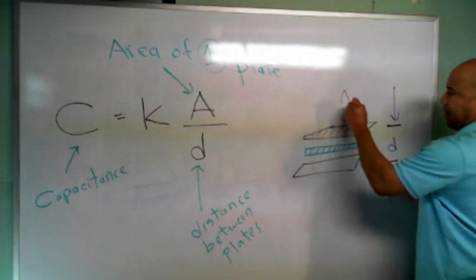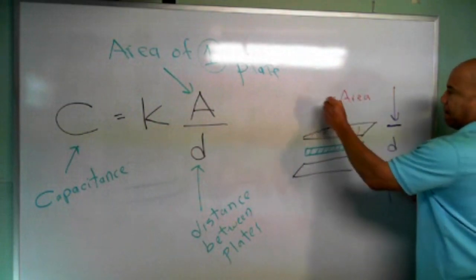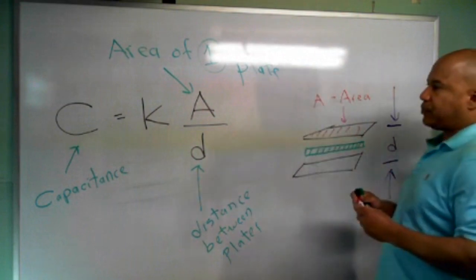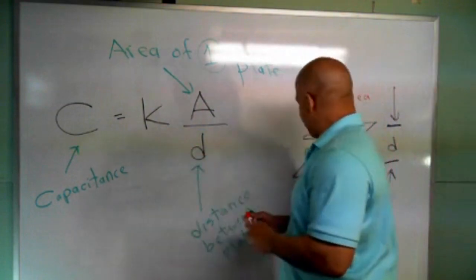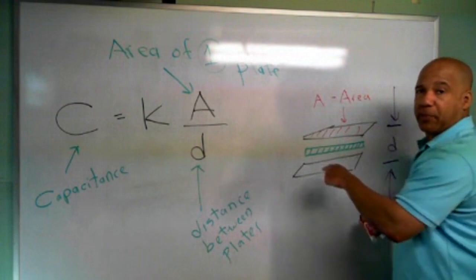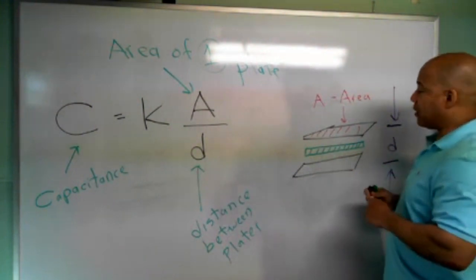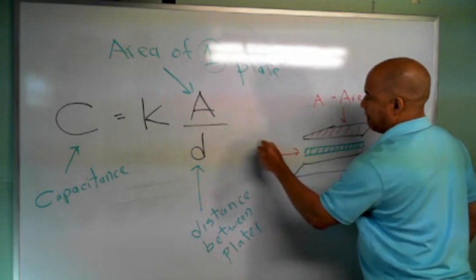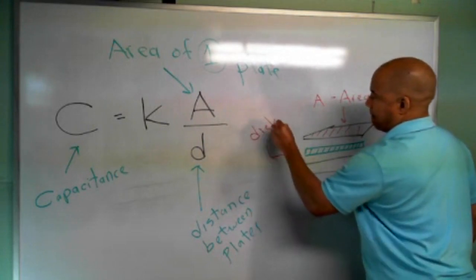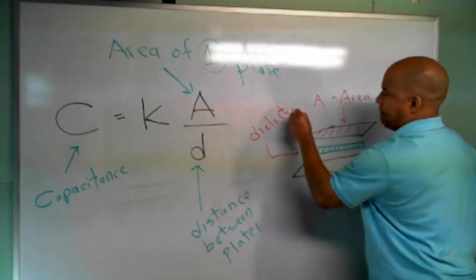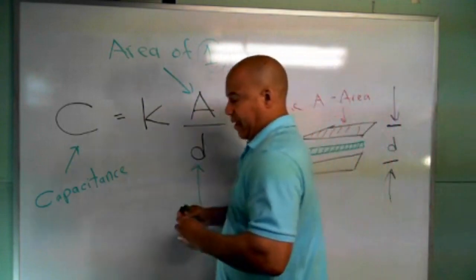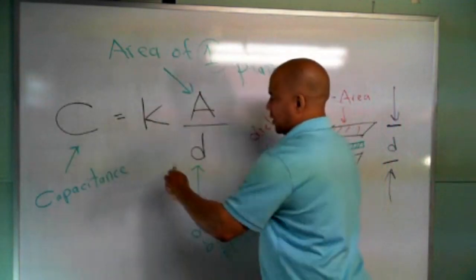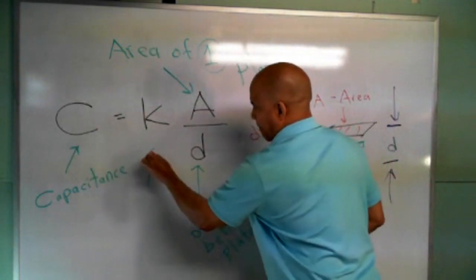That's A. And then K has to do with the material you put in between the two conductors. So this is called the dielectric. So K is called the dielectric constant.